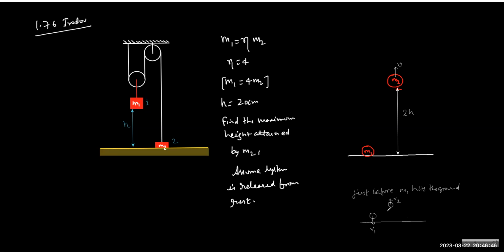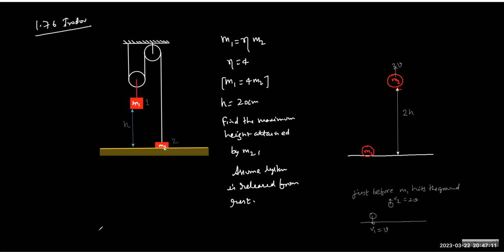Similar to the ascent, if M1 goes down by H, M2 goes up by 2H, it means velocity will also have the double value. So if I call this V, this will be 2V. So this is your constant part. Do you realize this part? Yes, sir.